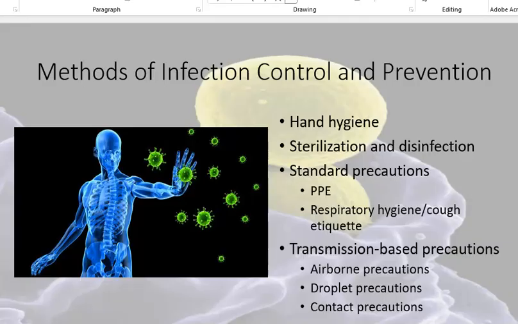You have your healthcare-associated infections, which are acquired in a healthcare facility. These can come from the patient's flora, or they can be exogenous, which would be outside of the patient's body.